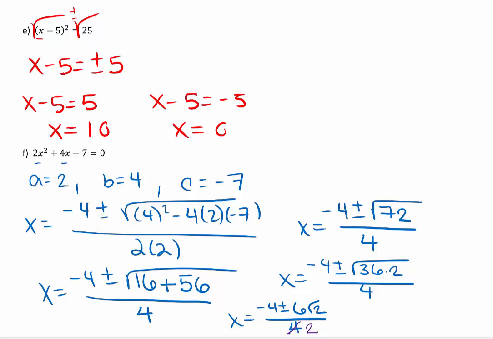All 3 of these terms can be divided by 2. And it's important that all 3 are divisible by 2. We wouldn't be able to cancel anything out if we couldn't take it out of all 3 of the terms, because we can only cancel out common factors. And so there's my final answer. x is negative 2 plus or minus 3 root 2 over 2.